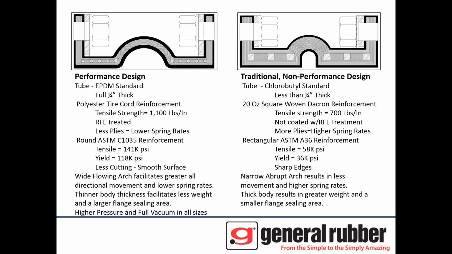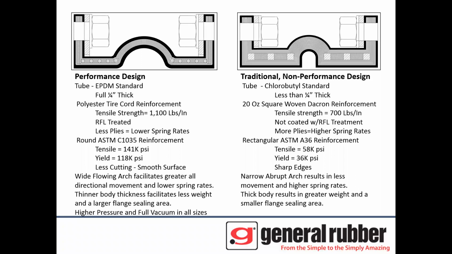Compare that with an EPDM with a thick tube and the polyester tire cord at an optimal bias ply, high tensile steel reinforcement, a wide flowing arch, a thinner body so that flange, if you look at that retaining ring, look how much area that retaining ring has to bite down on that flange and create a seal versus the traditional joint, very narrow sealing area.